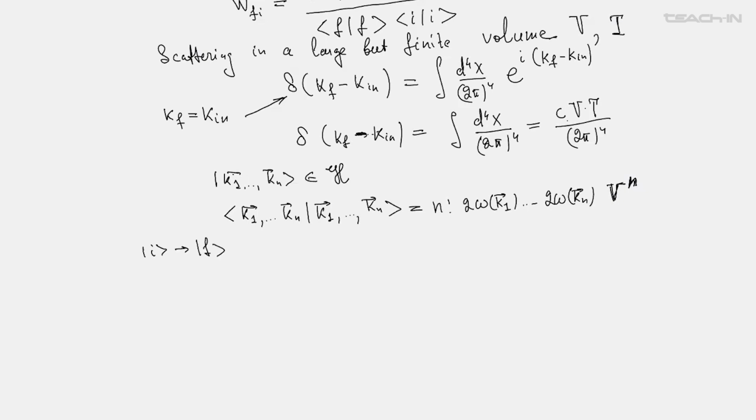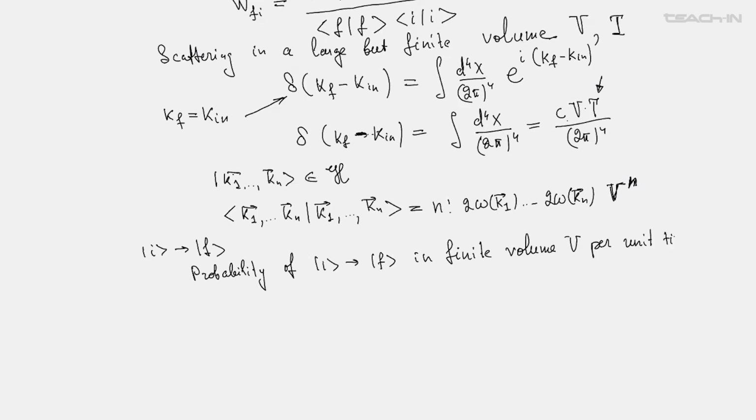And you can introduce the notion of probability per unit time in a large but finite volume. So, the probability of transition from an initial state to a final state in finite volume V per unit time. It is defined in the following way.